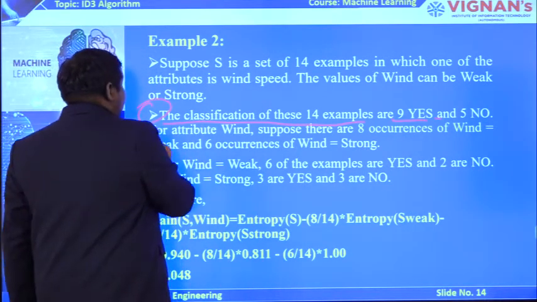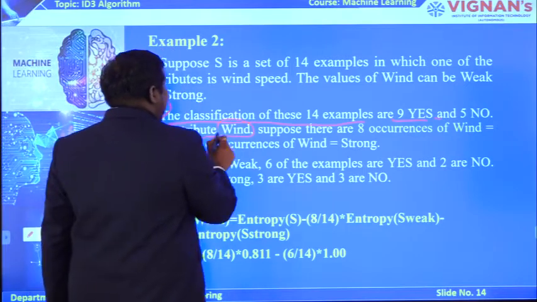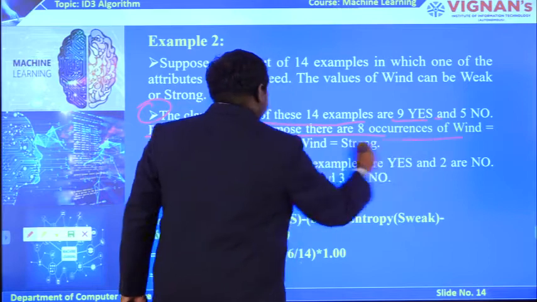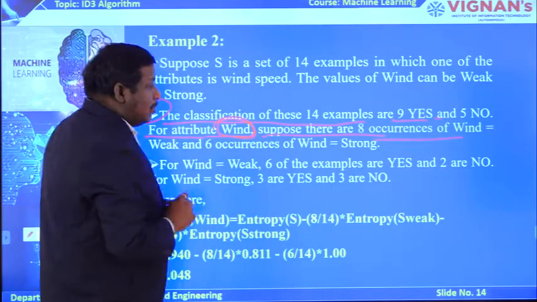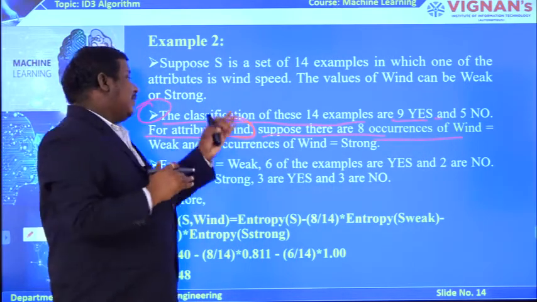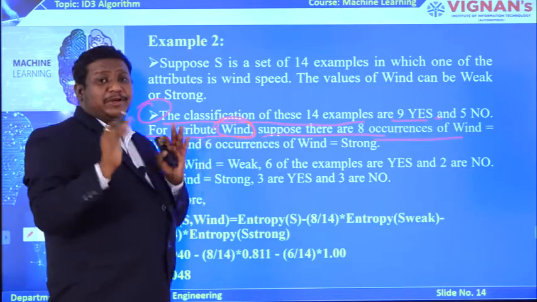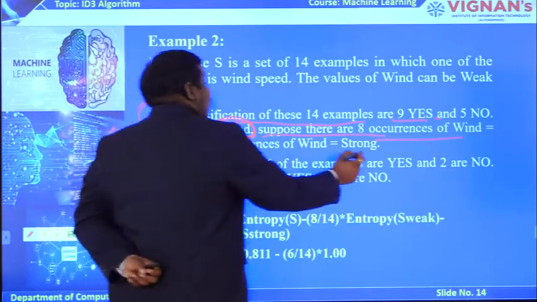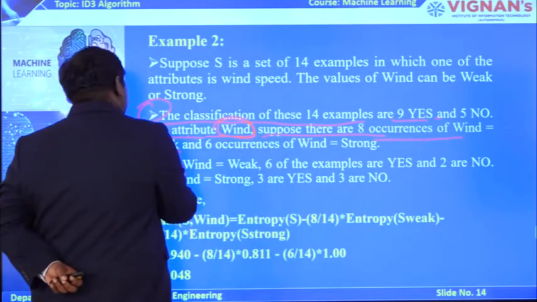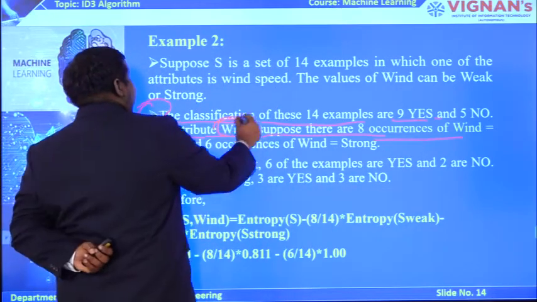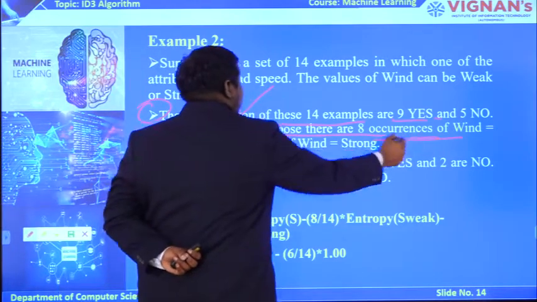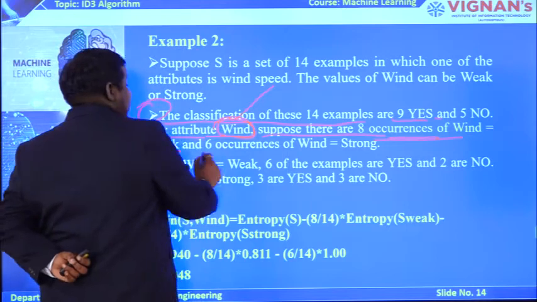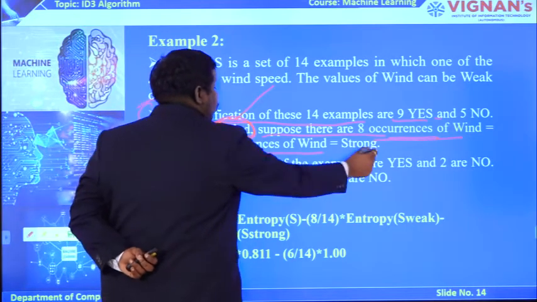From this we take the attribute wind. Suppose there are 8 occurrences of wind equal to weak. That means among these 14, 8 occurrences are weak and 6 occurrences are strong.